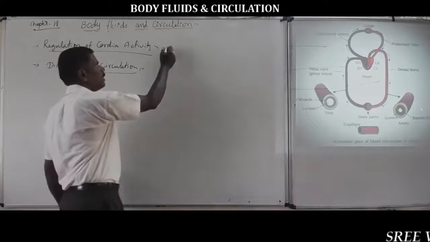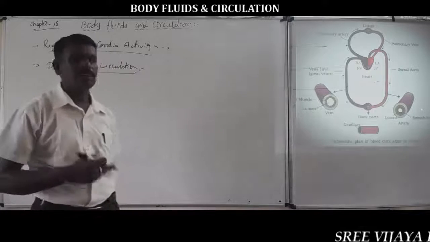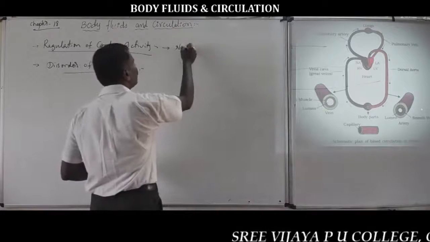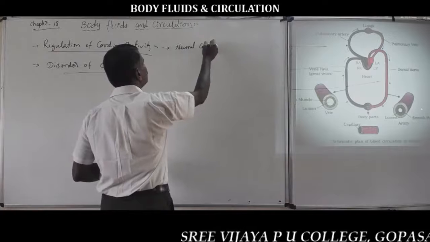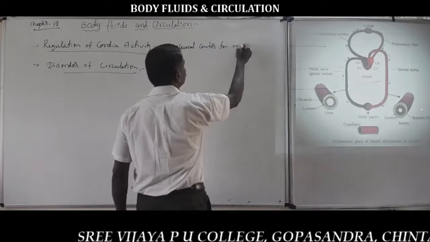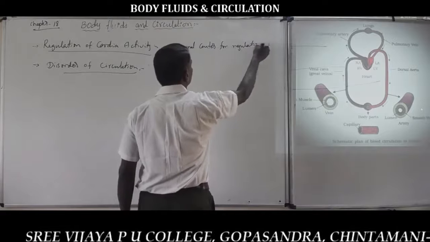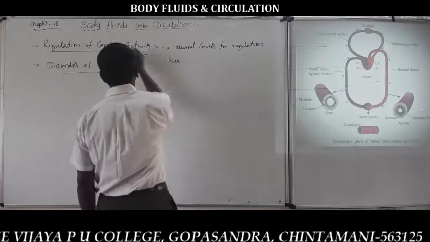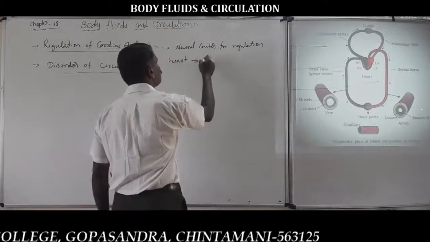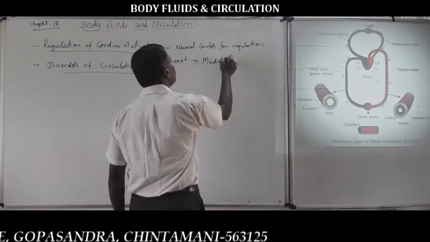So how is the regulation of heart activity? Here a neural center for regulation of the heart is present on the medulla oblongata.